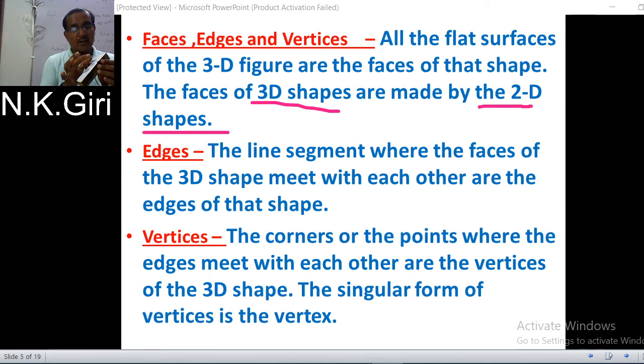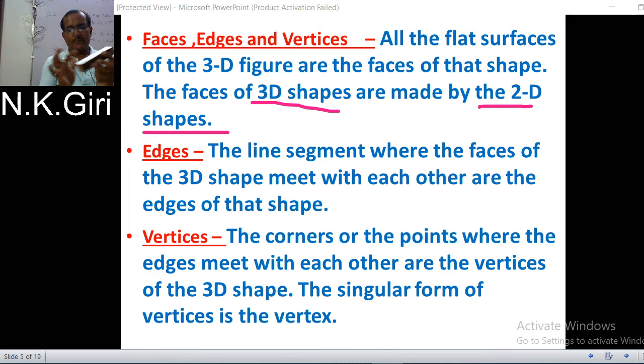It is a two-dimensional surface, that is length and breadth. It means each three-dimensional shape is made up of two-dimensional faces. These are called the faces. The duster has 6 faces: 1, 2, back, 3, 4, 5 and 6.